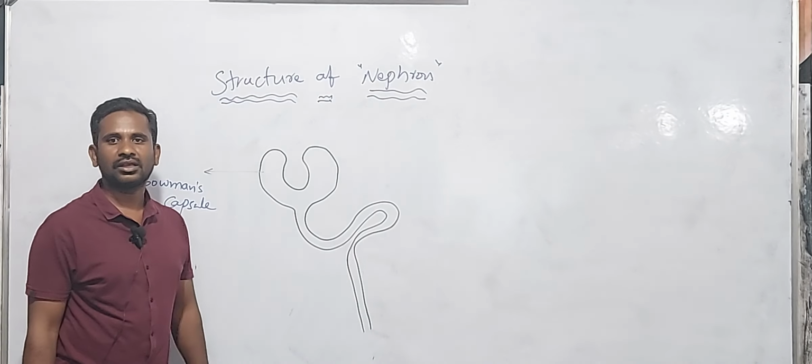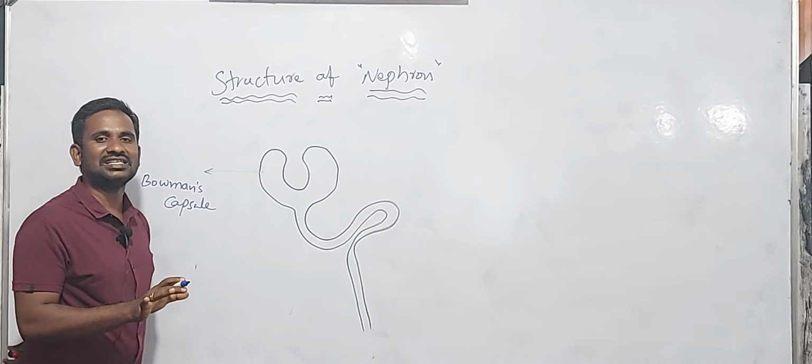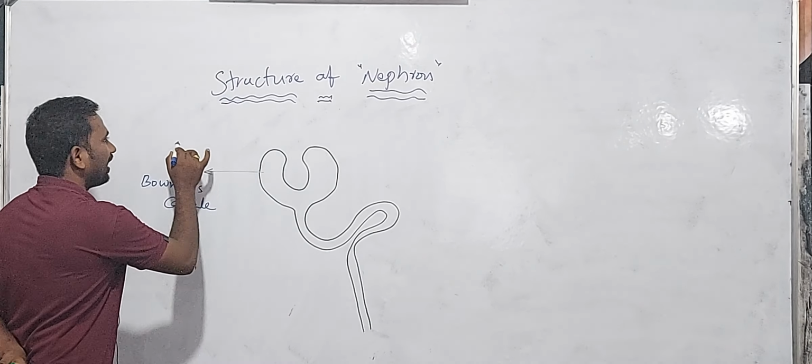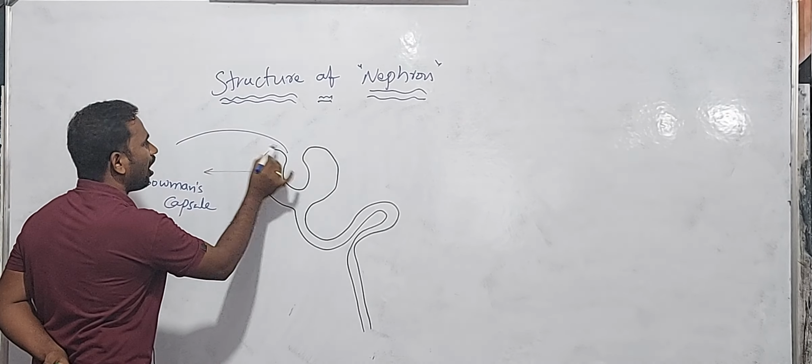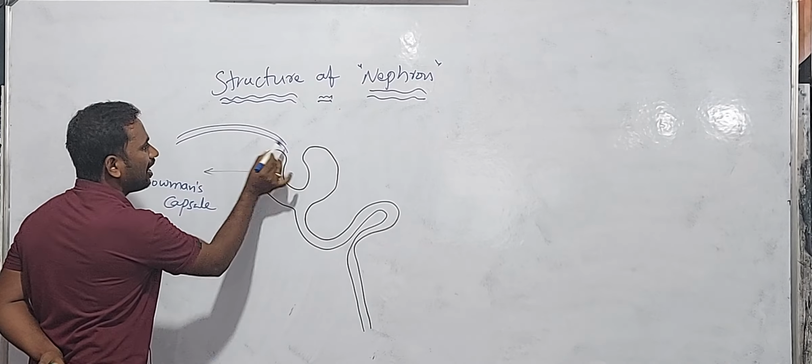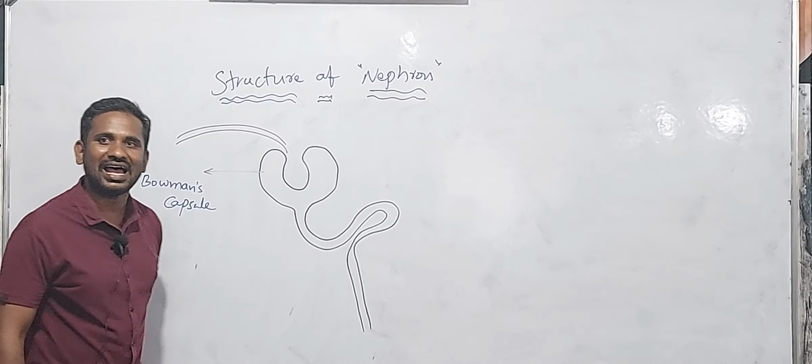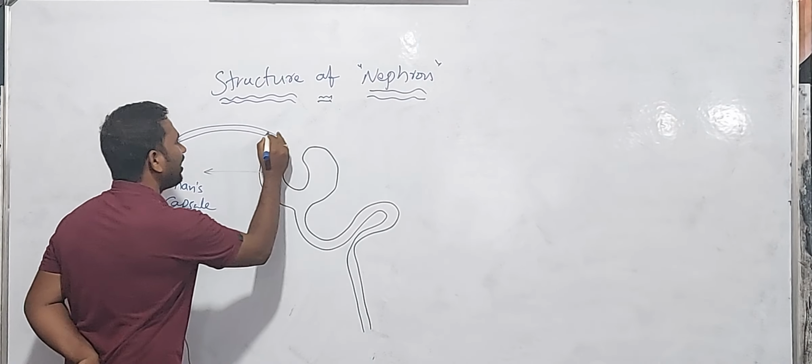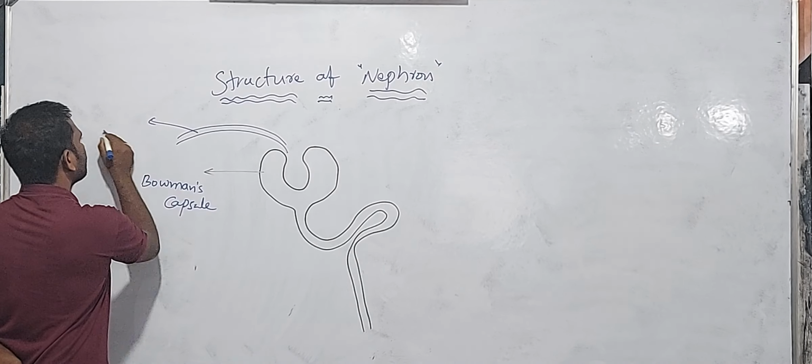Do you understand? So in this Bowman's capsule, an arteriole, the renal artery, comes as an afferent arteriole.